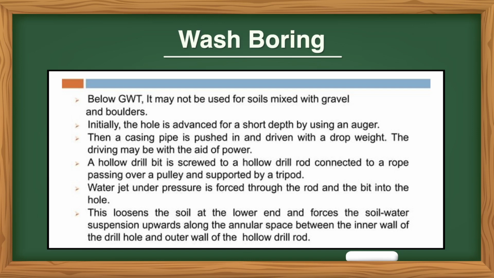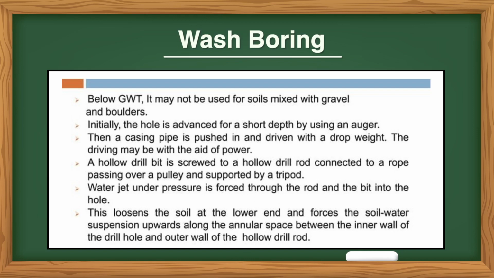The driving may be with the aid of power. A hollow drill bit is screwed to a hollow drill rod connected to a rope, which passes over a pulley and is supported by a tripod. Water jet under pressure is forced through the rod and the bit into the hole.